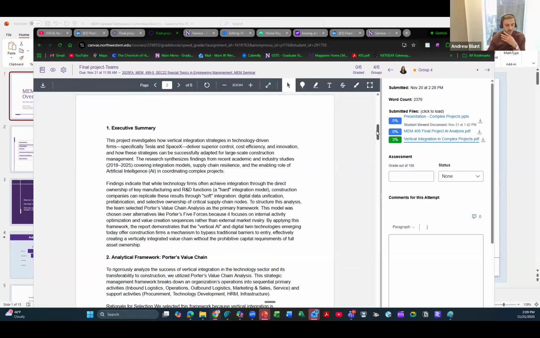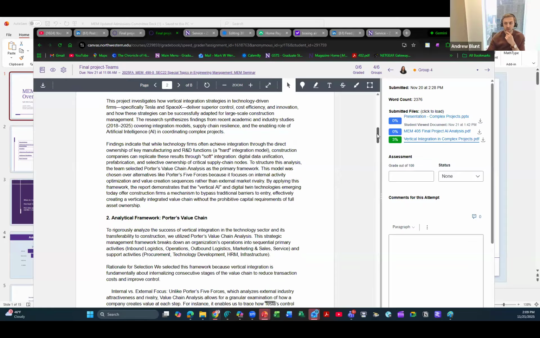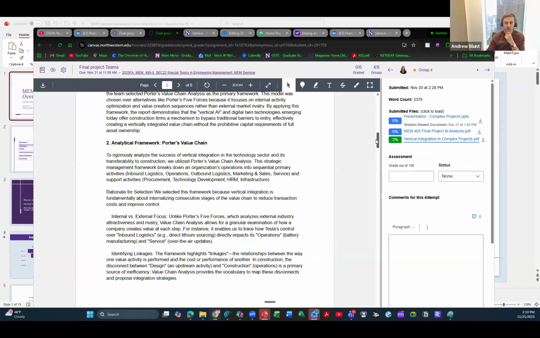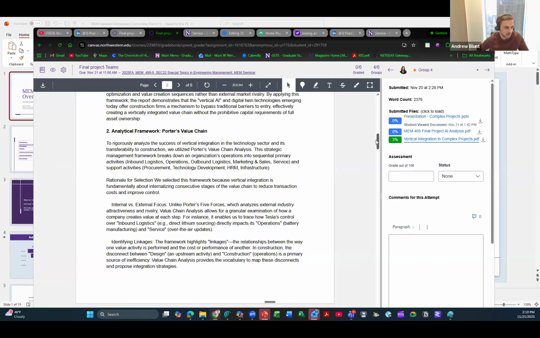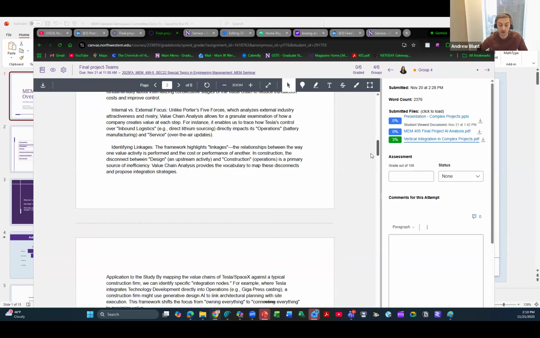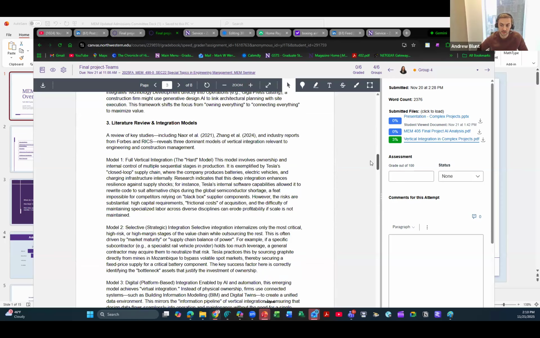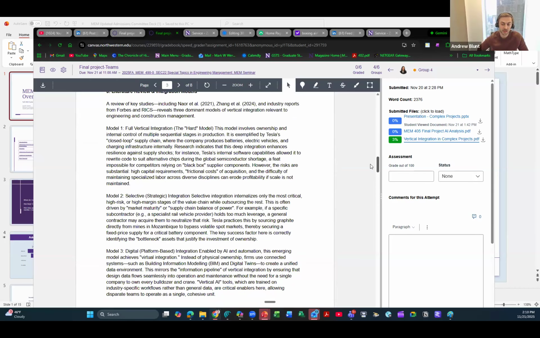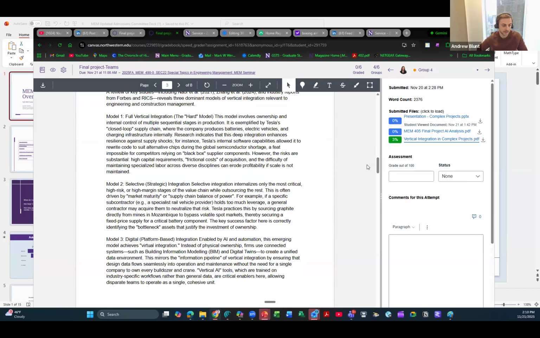There were really three main strategies that were recommended. One was soft vertical integration, which I see somewhat in my work, in which you don't actually vertically integrate all the stakeholders, but you get them all on the same page, the same collaboration software.